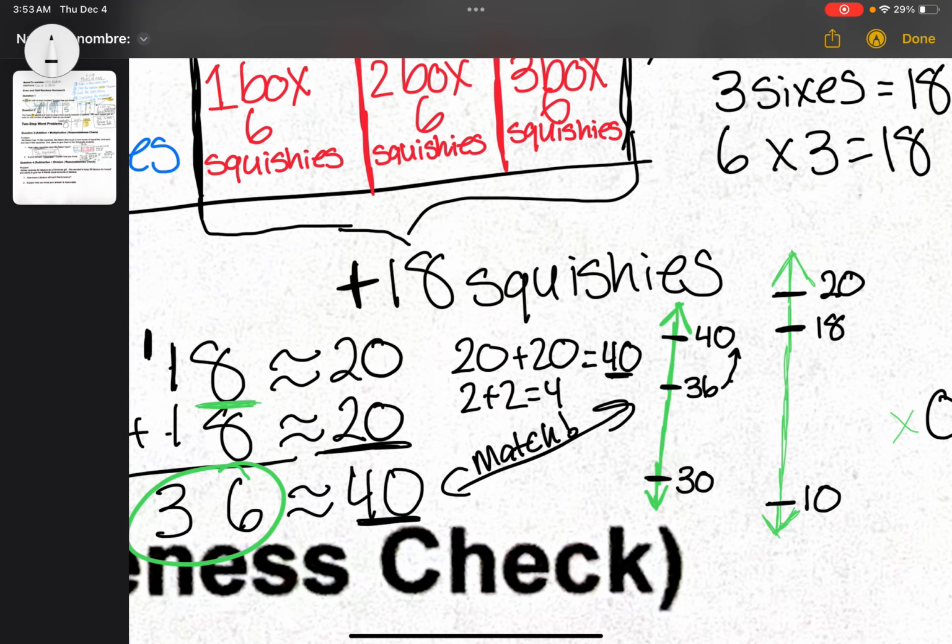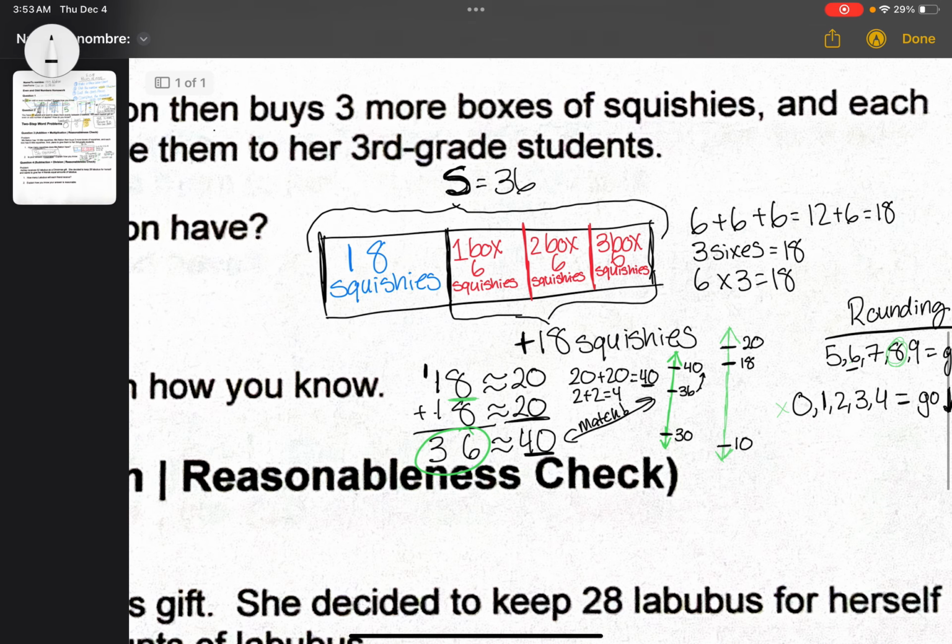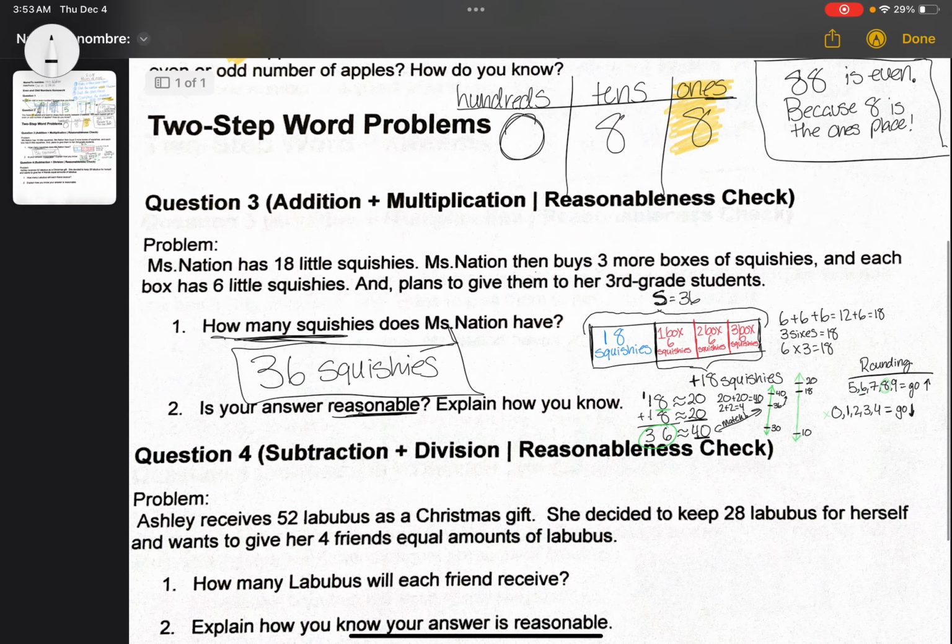Now, don't think that because the answers are matching, it does not mean it is reasonable. We want the numbers to be in the same range, or like, oh, they're close enough, basically. Now, if it's something way too big and it's like, no, that's crazy, then yes, it will be unreasonable. But I say it's reasonable.